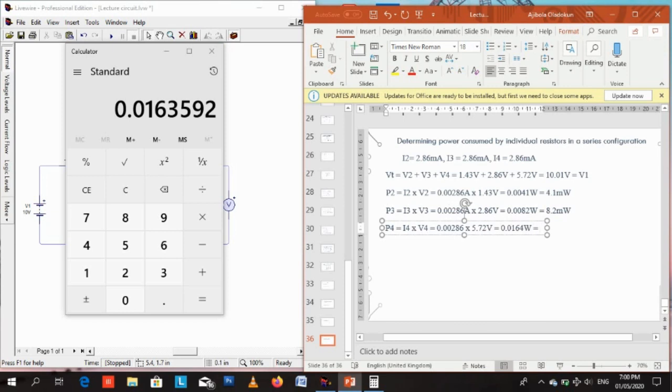Remember that milli is times 10 to the power minus 3, so that will be 16.4 milliwatts.